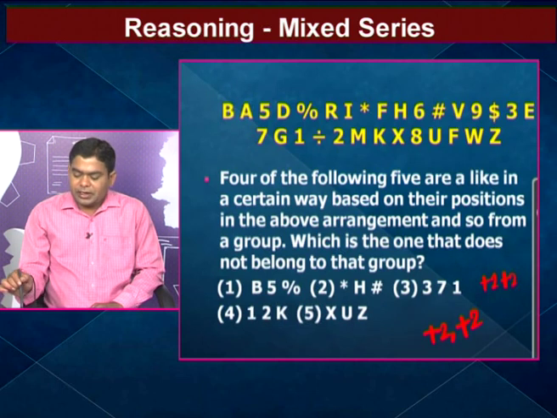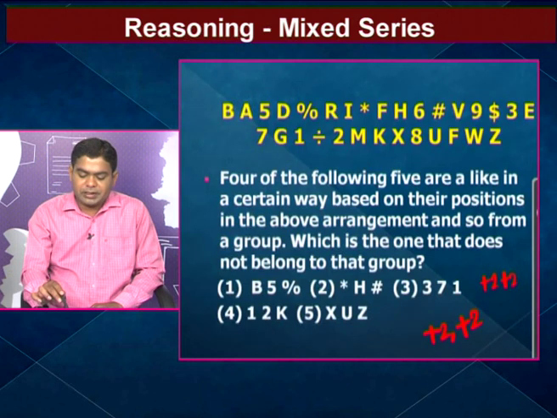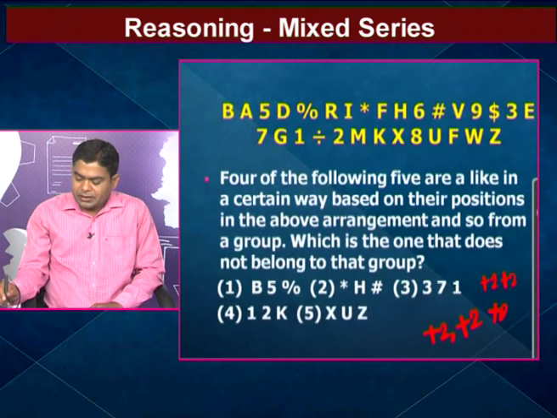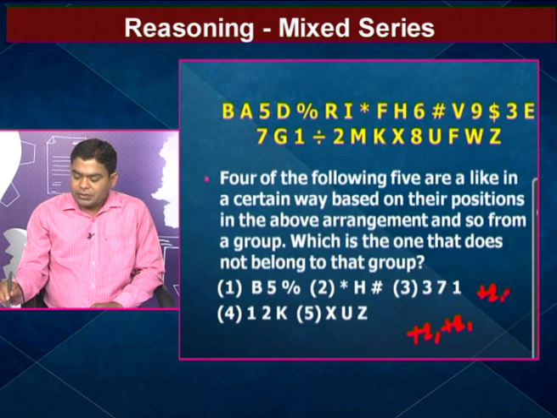Next we go to the next option, 3, 7, 1. In our given series 3 is there, 7 is there. That means the relation between 3 and 7 is plus 2 of 3, that means again the rule is plus 2. The first option has the plus 2 rule, the second option also plus 2, plus 2, and the third option is also plus 2, plus 2.